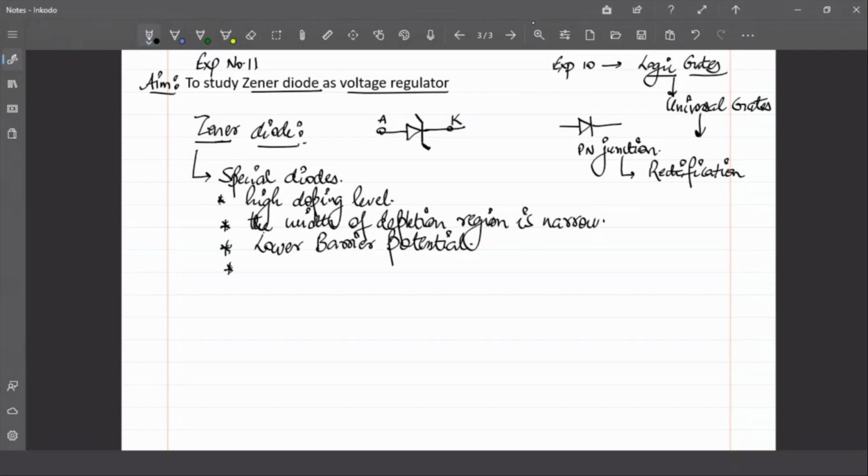So here it offers a lower reverse breakdown voltage, right? And as a result of which, what happens? It operates in the reverse bias condition.